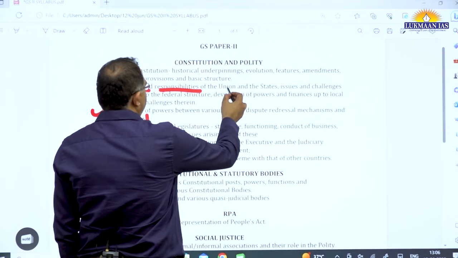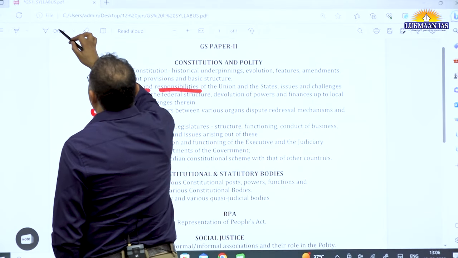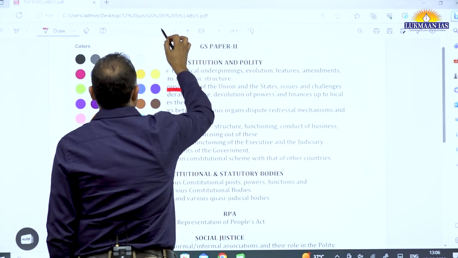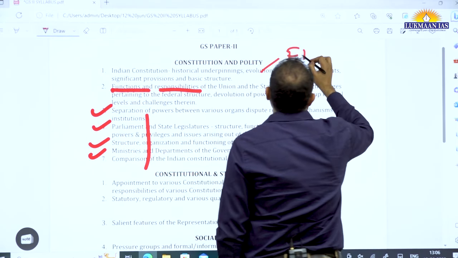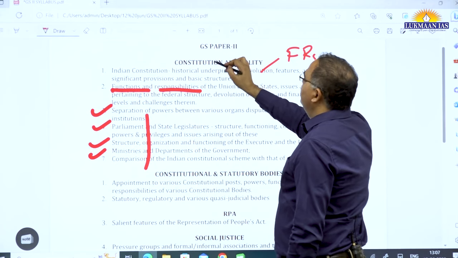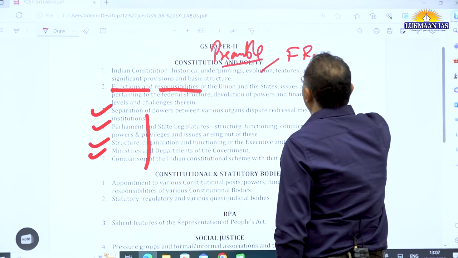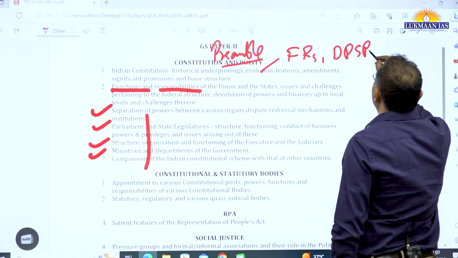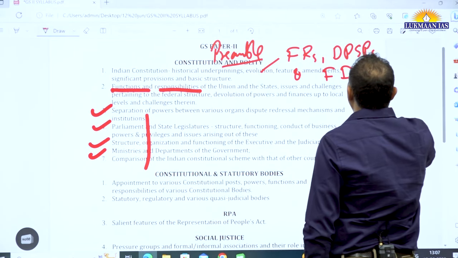This section, the first topic, will include even fundamental rights, the preamble, fundamental rights, DPSPs, and fundamental duties.